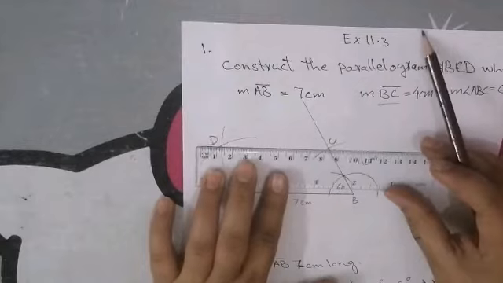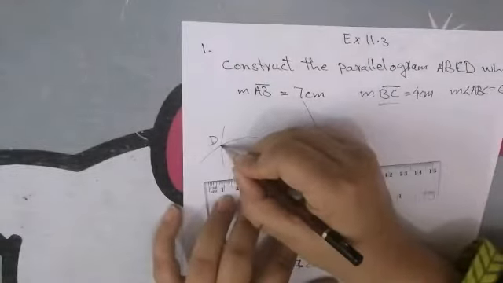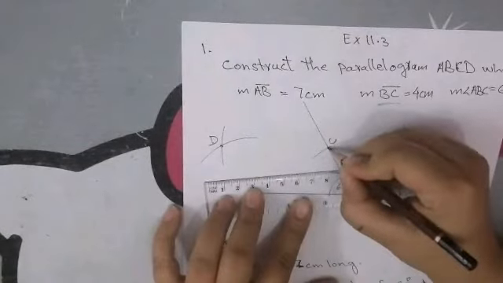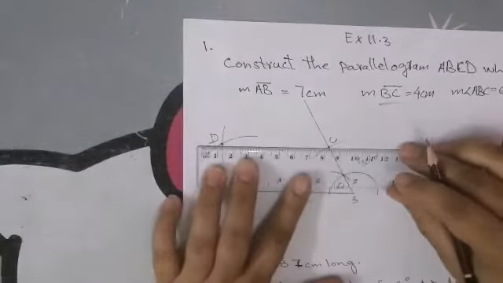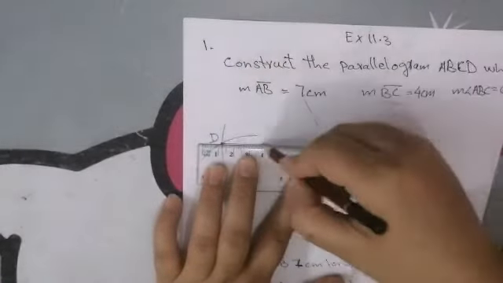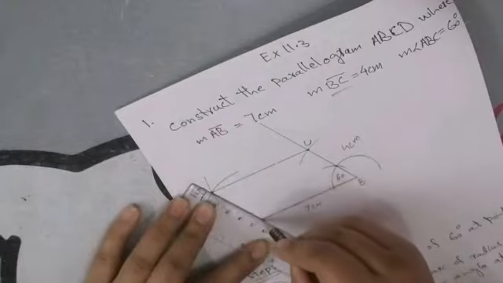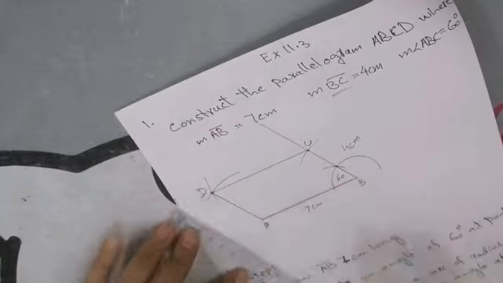Now we join this D with point A and with point C. So with the help of a ruler, we join this point D. You put a point, then you can easily join them. Okay, this D and D with A at this point.